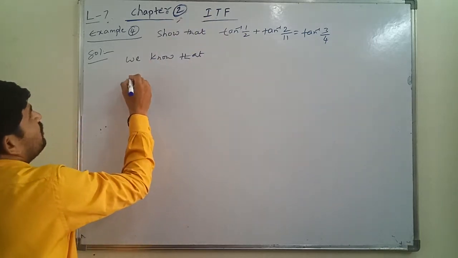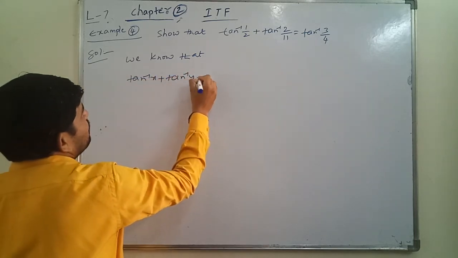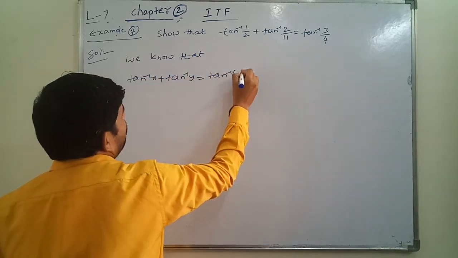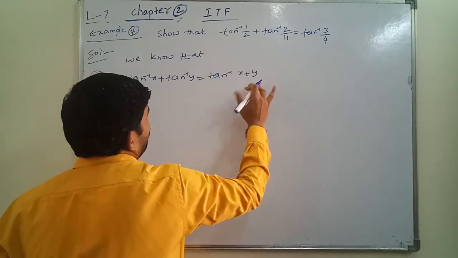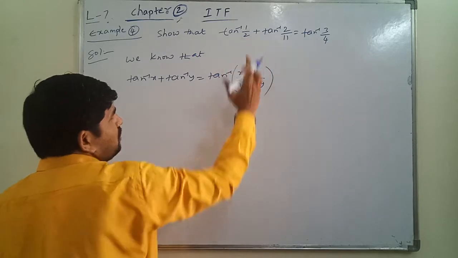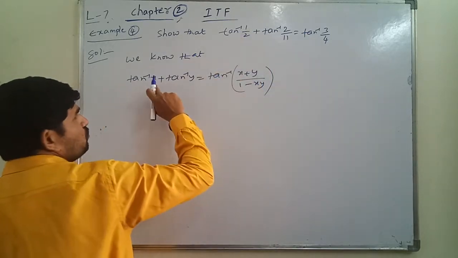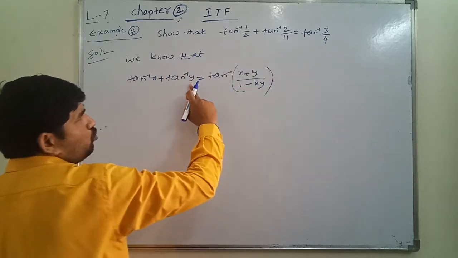We know that tan inverse x plus tan inverse y is equal to tan inverse of x plus y by 1 minus x into y. Yes or no? In between we have the plus, that's why we are taking the plus here. Next, I will apply it, in place of x is 1 by 2, in place of y is 2 by 11.